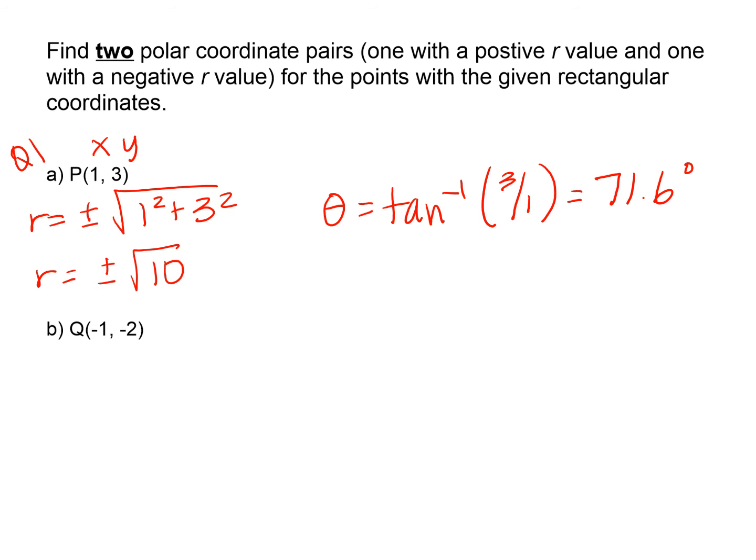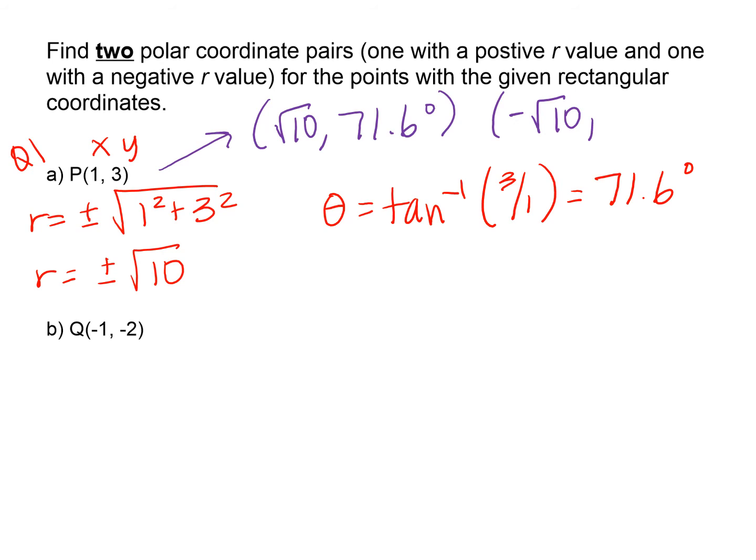Well, to get quadrant 1, if my r value was a positive square root of 10, then I could just take that theta value of 71.6 degrees, and that would be a polar coordinate in quadrant 1. But if I'm going to use the negative r value, because the directions told me to do both, remember negative square root of 10, then if I use 71.6, that would be in quadrant 3, and I need to be in quadrant 1.